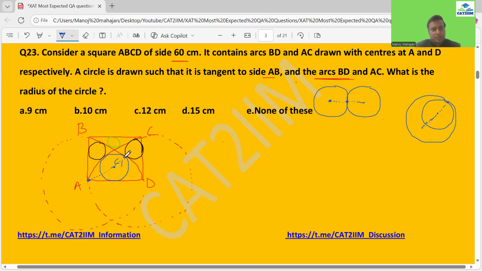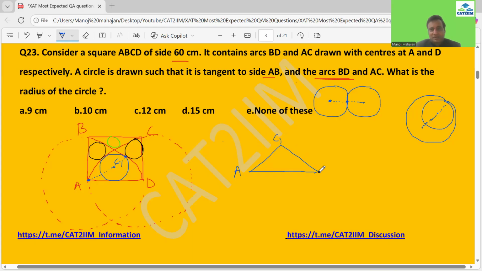These would be in a straight line, and from here till here it is nothing but the length AD, which is 60 in this case. So if I draw this figure outside to make you understand how to get this radius R1, the question is something different, but we are learning three questions from this problem, right? That's the way I teach in my classes also.